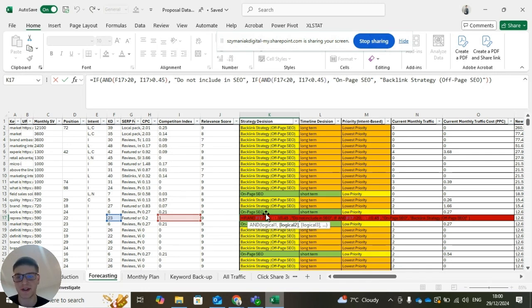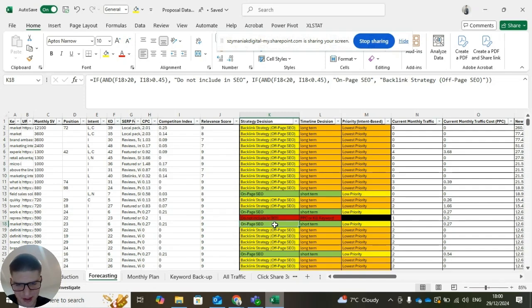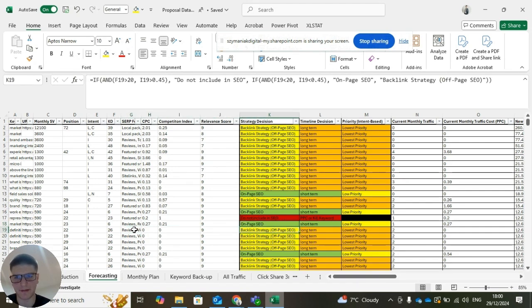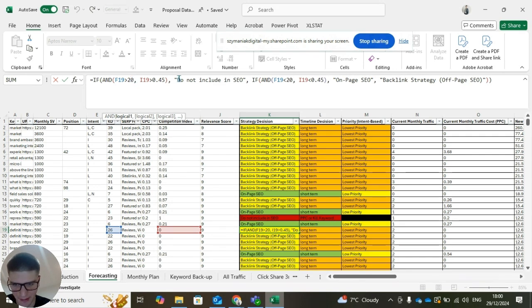If one of those conditions doesn't match, so for example, you could just say backlink strategy. So for backlink strategy, what I did is essentially one of those conditions actually match. So for this example, for this keyword, the keyword difficulty is too high.